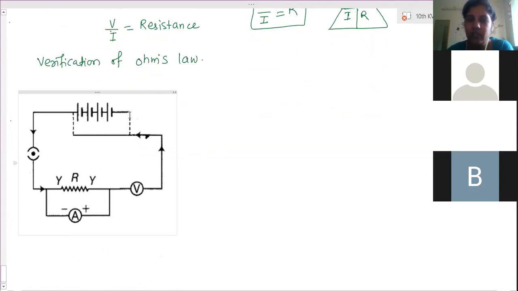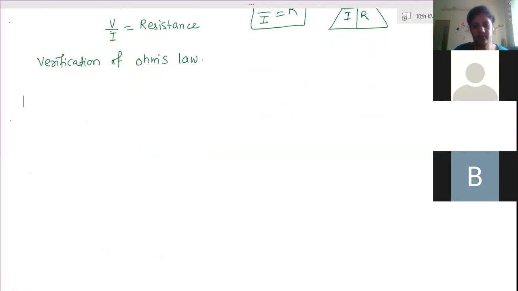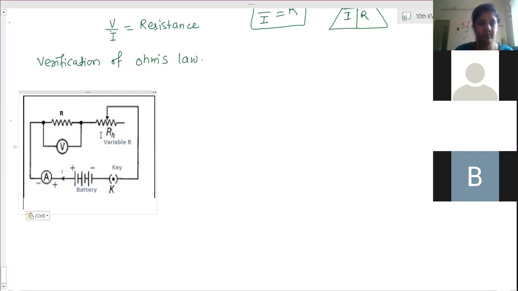After every reading, we have to increase the number of cells by 1. This is connected in series. Now the ends of the batteries have to be connected to, sorry, this is the wrong one. One second. Textbook. This is from NCERT, right? So here, this is a battery.